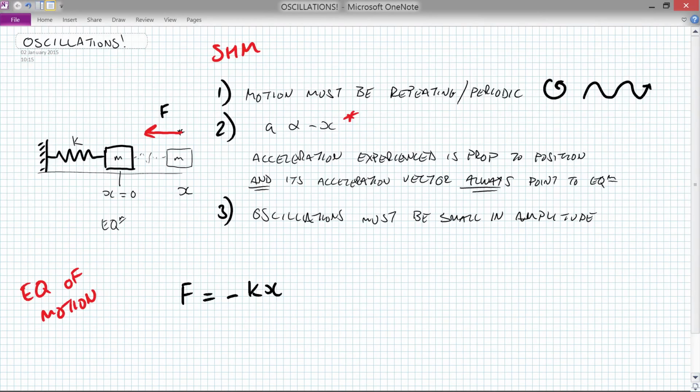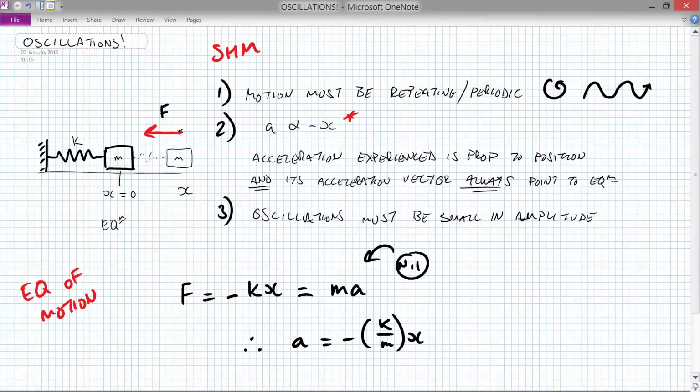This is a body in motion, it's a mass, it will be accelerating, so we can also invoke my boy Newton's second law. So this is a bit of Newton 2 here. So we can also invoke F equals ma, and with a trivial little bit of rearranging, I can rewrite this as a is equal to minus (k over m) x, which is good because we can see straight away this links back to rule number 2.